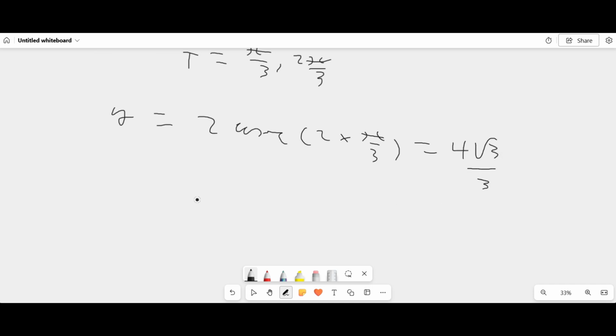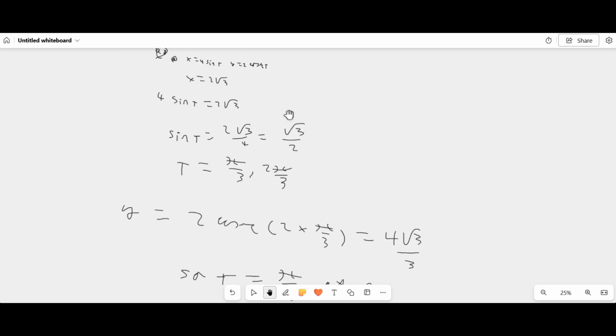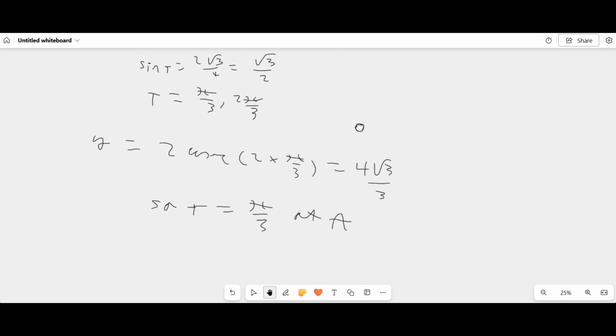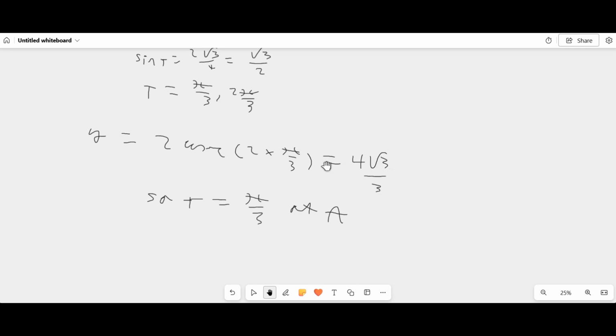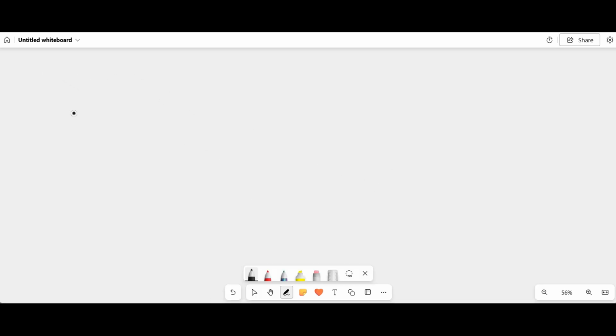And so therefore t is equal to pi over 3 at A, because the point A was 2 root 3 and 4 root 3 over 3. You get it? Alright, cool.